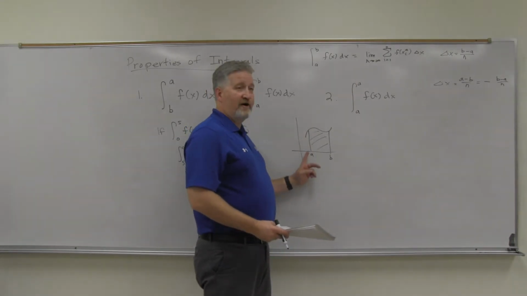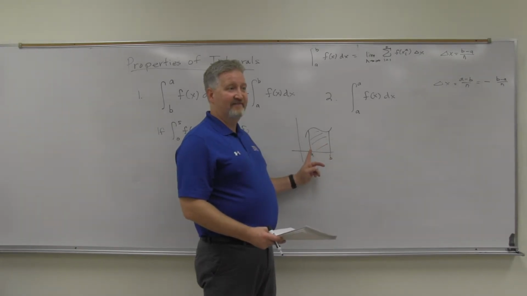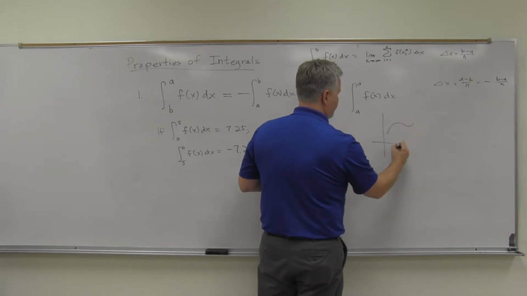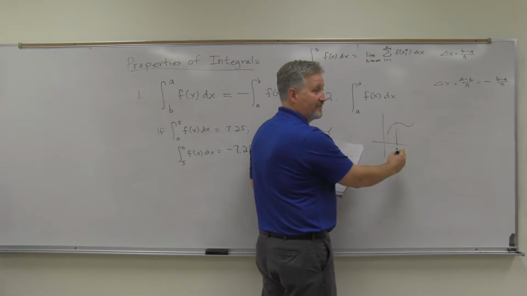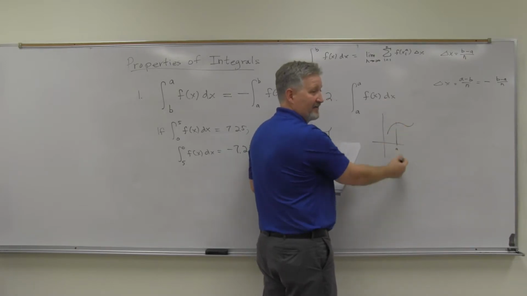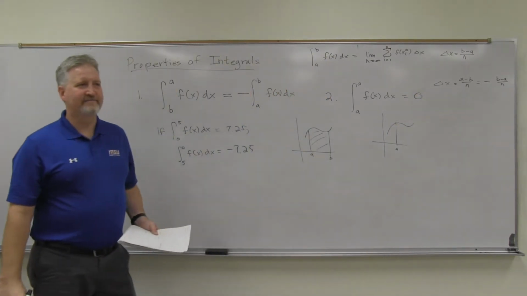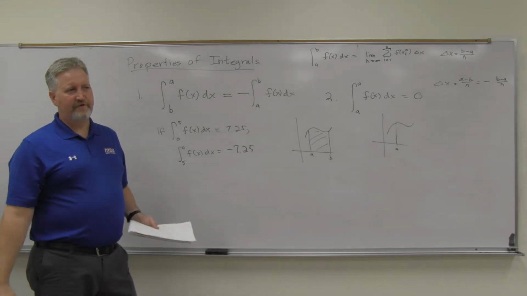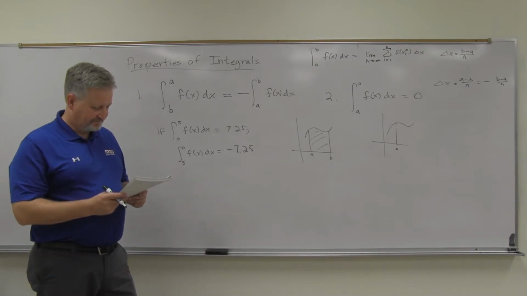Basically, I didn't go anywhere as far as x is concerned. I'm just talking about this curve, but I'm going from A and I don't go anywhere. Well, if this integral is the area, what area is underneath there? You didn't go anywhere, so you don't have any area, right? You've got zero area under that. With me there? So if your limits don't move, you get zero area.